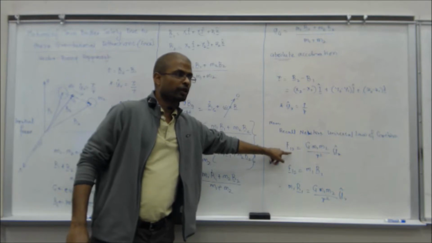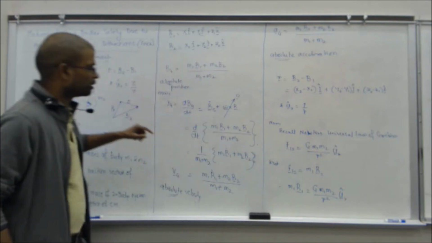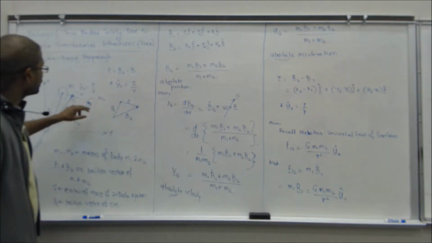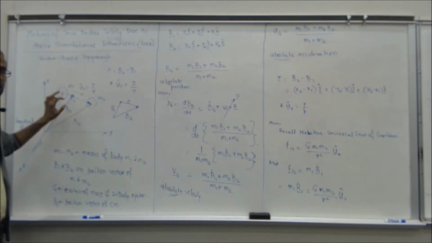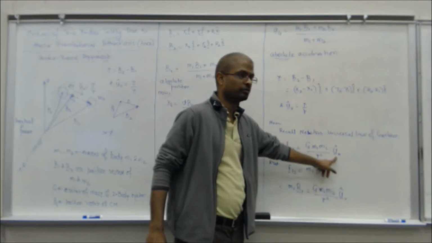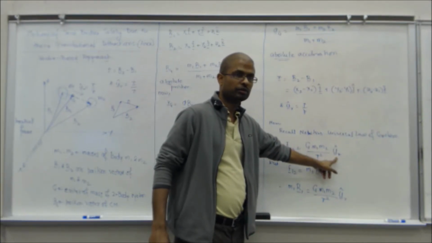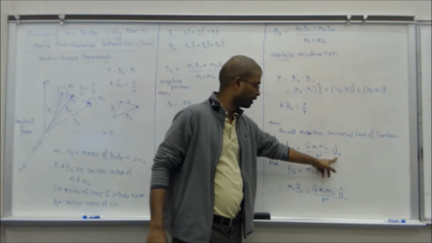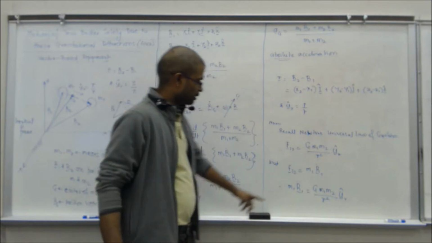So the force of attraction on body 2 because of body 1 is defined by this, with the unit vector. It will coordinatize it.